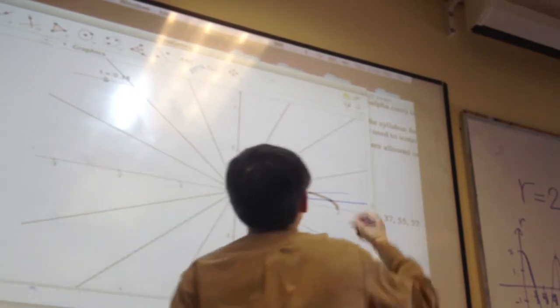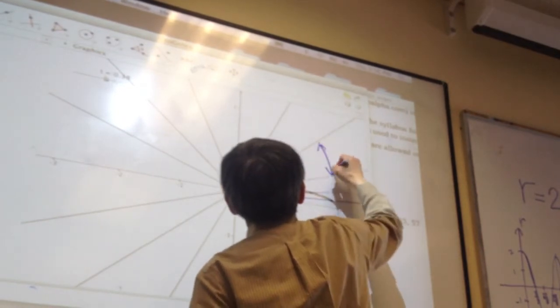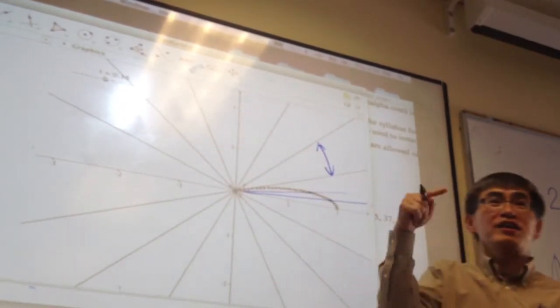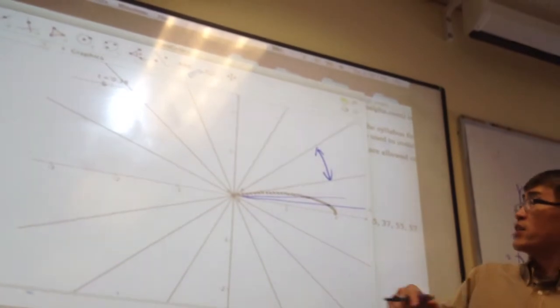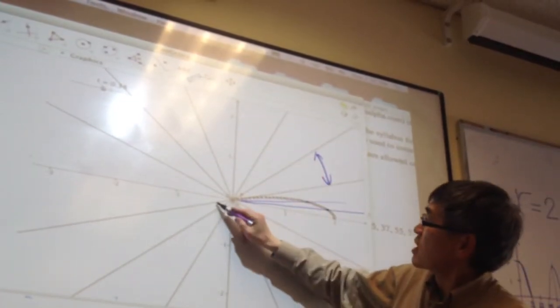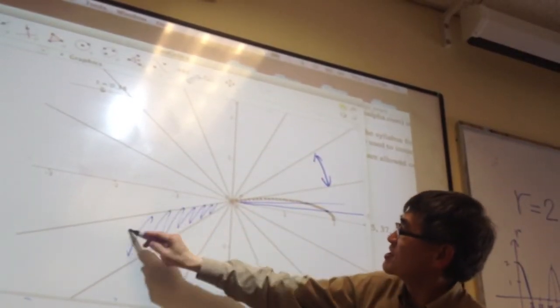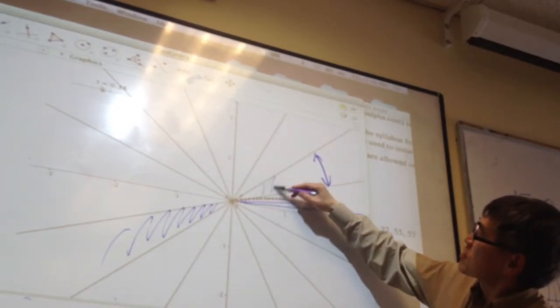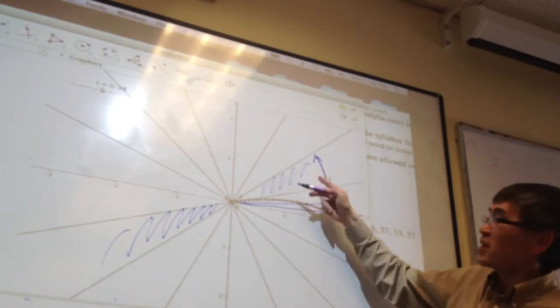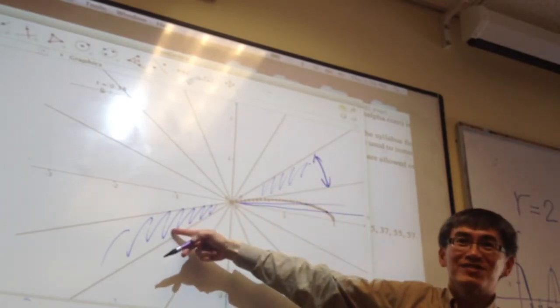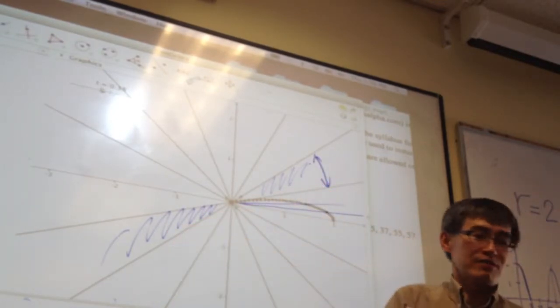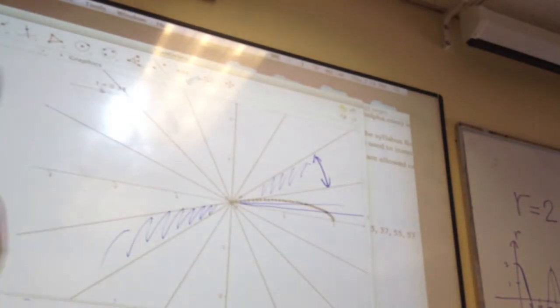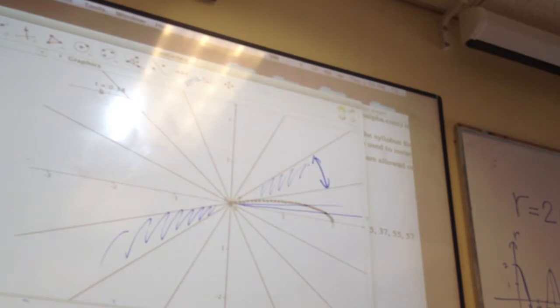Now you're dealing with this part of the angle, but your r is negative, and therefore your point appears in this region, even though the angle suggests this region. So you'll see the point entering that region. Let me show you that the next pi over 8 is going to be like this. See that?